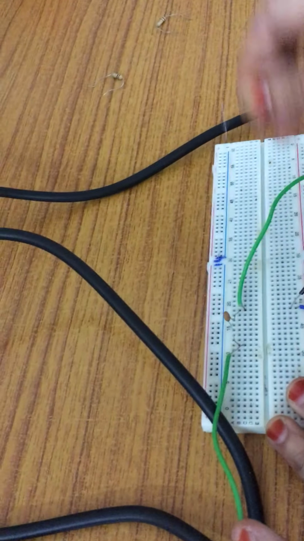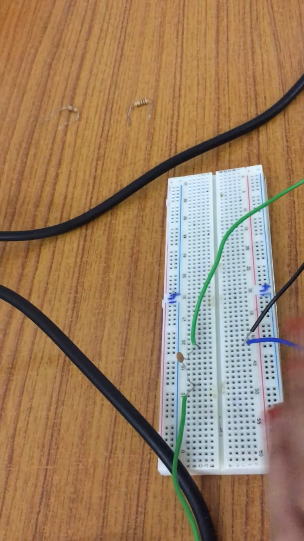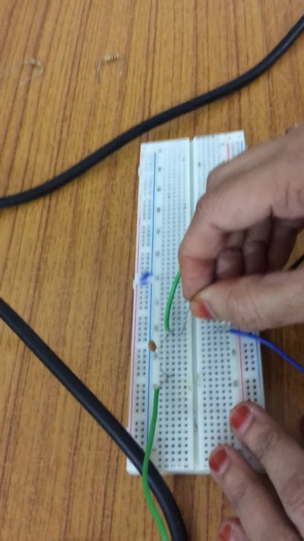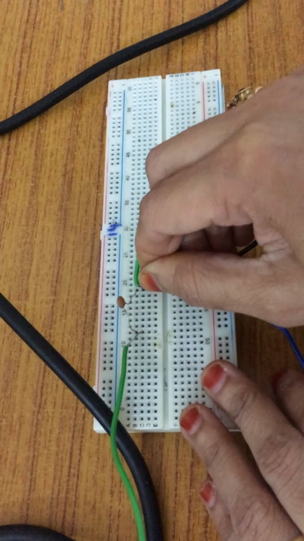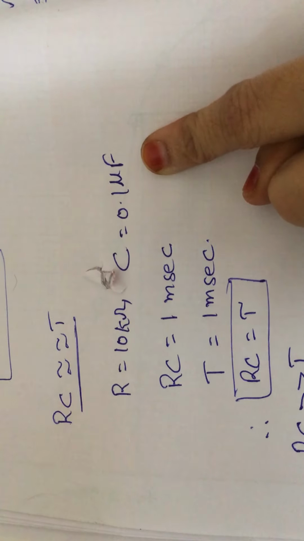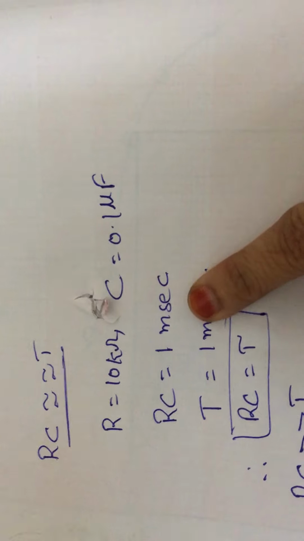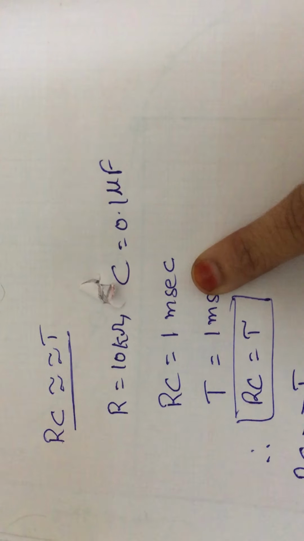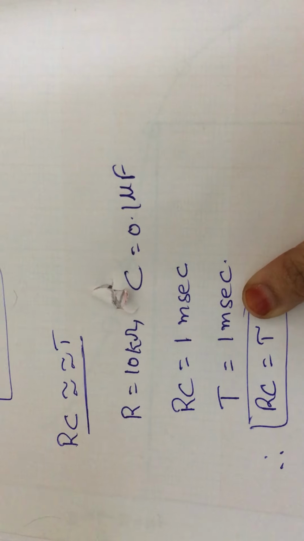In the next case I am going to change the value of the resistor. Now the resistor value is 10 kilo ohm, the capacitor is 0.1 microfarad, so the RC time constant is 1 millisecond, and the time period T of the input signal is 1 millisecond.